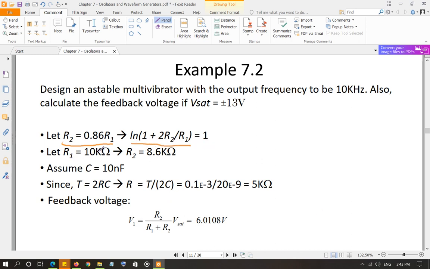So R1 we take 10 kilo ohm, R2 we take 8.6 kilo ohm to satisfy this relationship, and let's assume C is 10 nanofarad. So the time period becomes 2 times RC, or 2 times tau, and from that we can calculate R to be T over 2C, which came out to be 5 kilo ohm. And for this, the feedback voltage is approximately 6 volt, 6.01 volt.